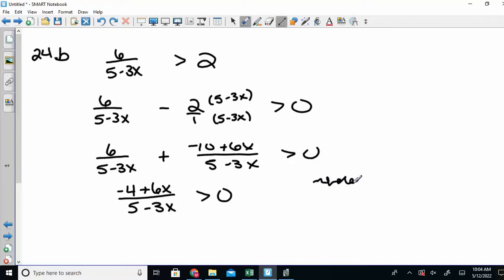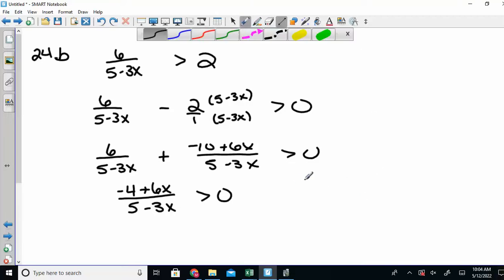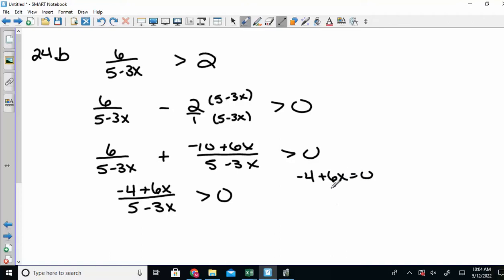So if you want to know when the top equals 0, my board is not working at the moment. We get 2/3.